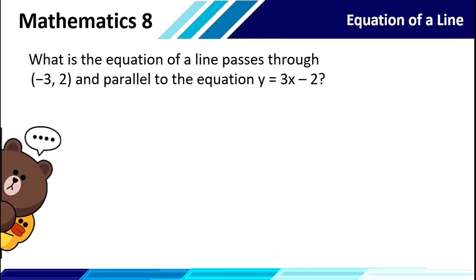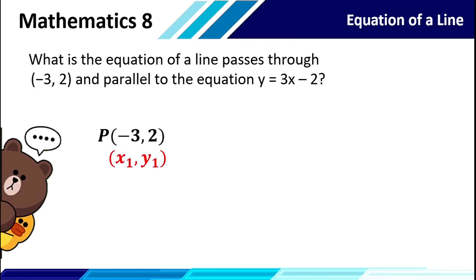Now, I'll be teaching you on how to get the equation of the line parallel to a particular equation given the point. So in this given problem, what is the equation of the line passes through negative 3 and 2 and parallel to the equation y is equals to 3x minus 2. We have here our given, which is point negative 3, 2.